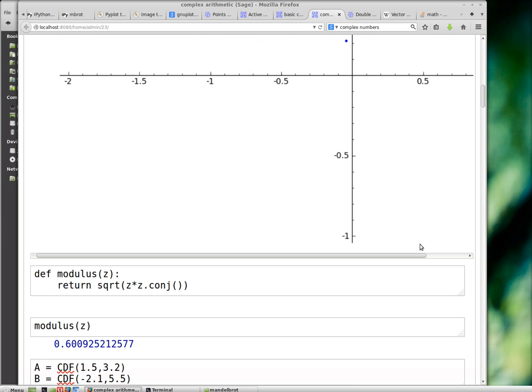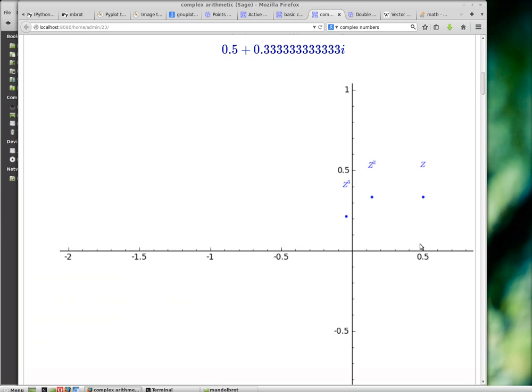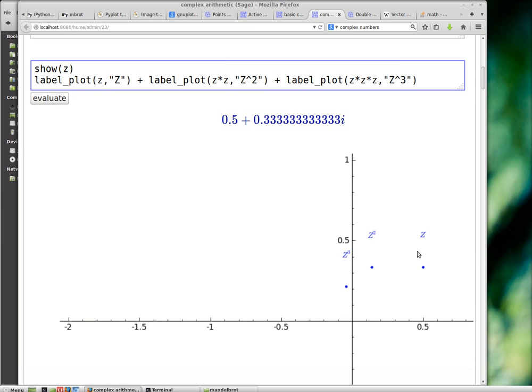And the reason that's happening is, I'm going to show you in a second that when you multiply 2 complex numbers, what it does to the length of the result is the lengths are multiplied. So z has a certain distance from the origin, and the distance of z squared from the origin is the square of that distance.